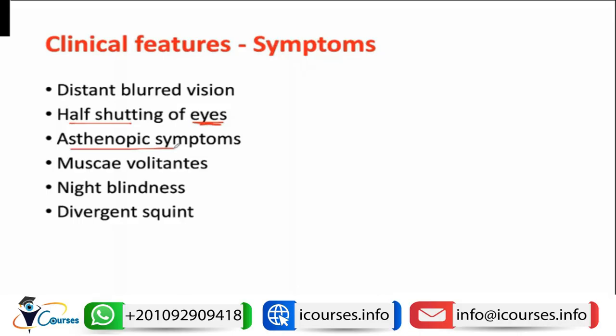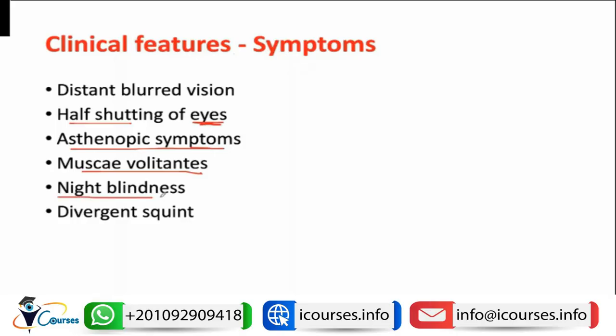The patient has asthenopic symptoms, so they have ocular asthenia, or they have only tired globe. This is because they are always in a state of constant strain to try to see the distant image, but they cannot see. They have vitreous degenerations, and these will lead to vitreous floaters, or what's called muscae volitantes.